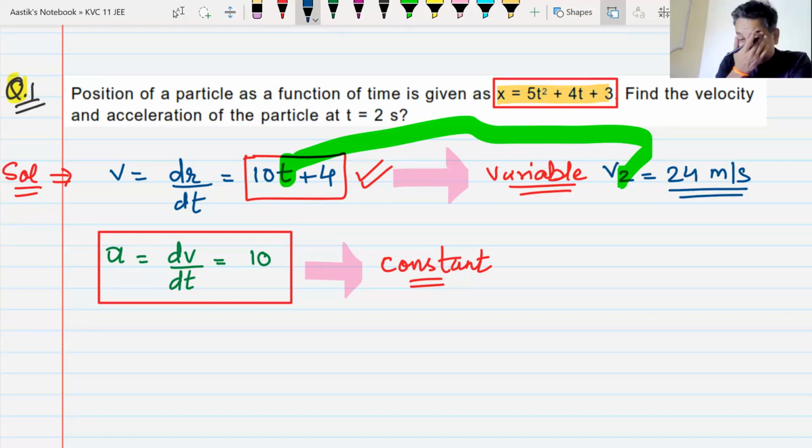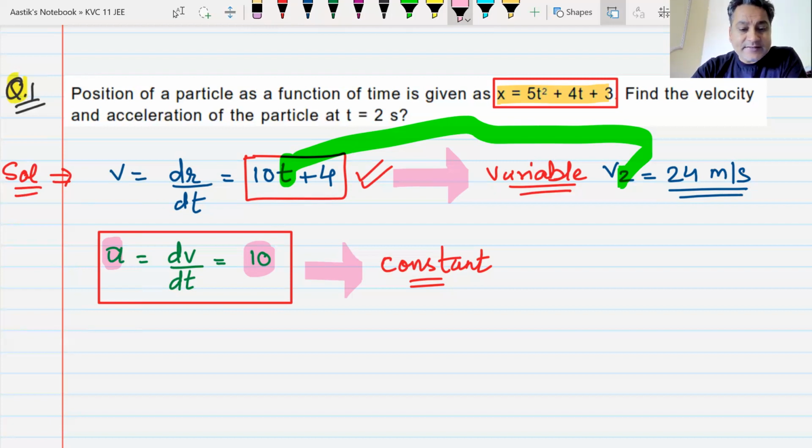But about acceleration, what is the acceleration at 2 seconds? There is no way I can put time here because acceleration is constant. Therefore, the answer is simply 10. Whether you ask acceleration at 2 seconds or 3 seconds or 4 seconds or 5 seconds, the answer remains same. Do we understand this?